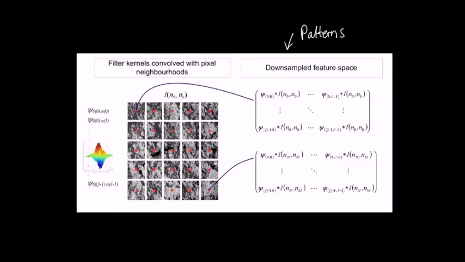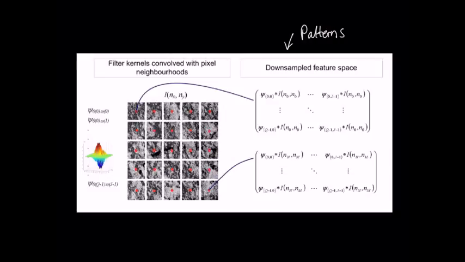By applying the filter bank to the image data, we generate what's called a feature space. And a feature space contains many feature vectors or patterns. A pattern is just a string of numerical values that represents a small region of the image.